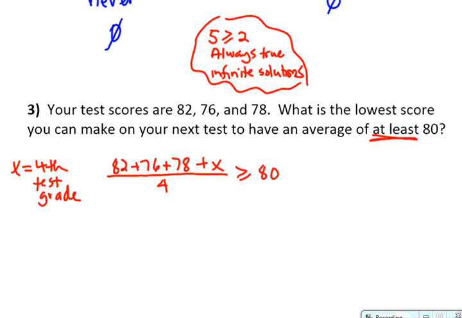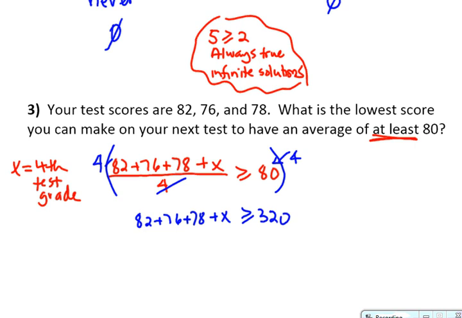To solve this, I'm going to multiply both sides by the 4. So we'll multiply through by our 4, and that will leave us with 82 plus 76 plus 78 plus x is greater than or equal to 4 times 80. Here, these canceled, and then I get the 4 times 80 right there, and get 320 on that right side. I need to add those numbers, and when I add them, I get 236.